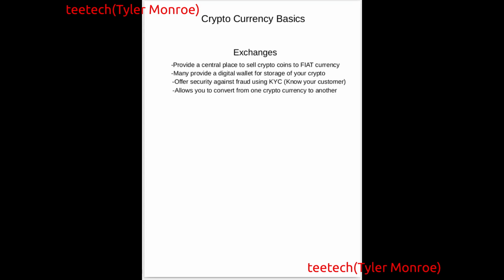So exchanges are the last thing I want to touch on. Exchanges provide a central place where you can sell crypto coins that maybe you got from mining or staking, or maybe you bought them and held them and now the prices went up and you want to sell them for a gain, maybe a loss even. You can sell them for your fiat currency if you want.